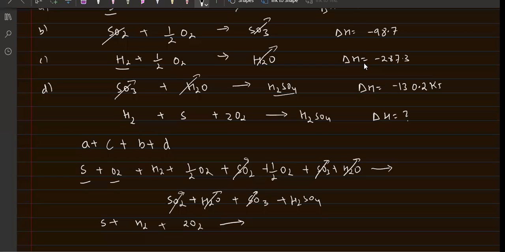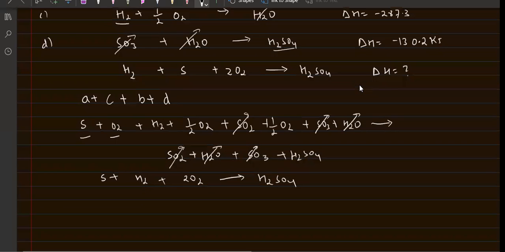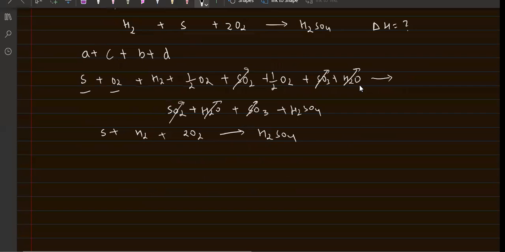So this is your required reaction. So delta H would be the sum of all these delta H, right everyone? So delta H would be delta H1 plus delta H2 plus delta H3 plus delta H4. As simple as that.